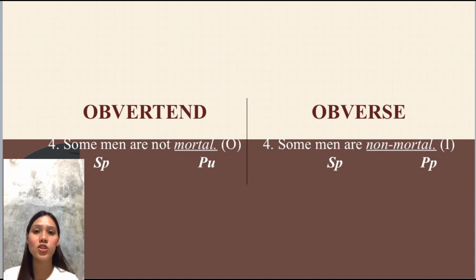By the third condition, the obverse would be affirmative as the obvertend is negative. Finally, according to the fourth condition, the obverse would be particular as the obvertend is particular. From all this, we conclude that the obverse of an O proposition is an I proposition.